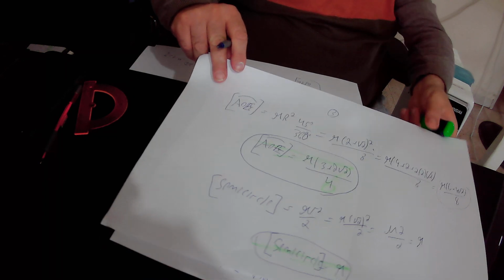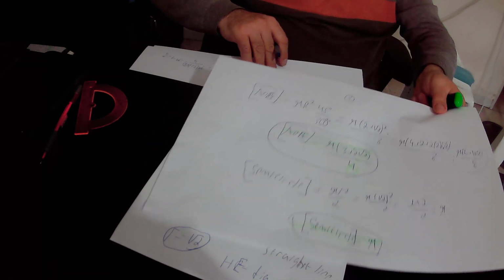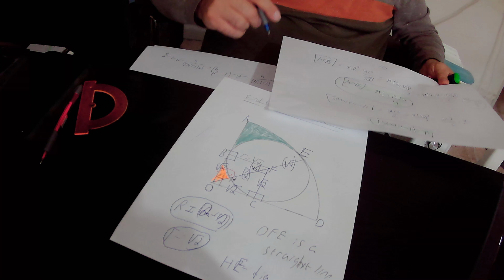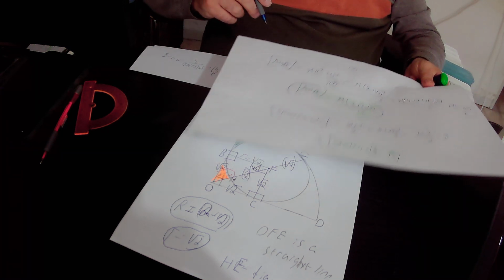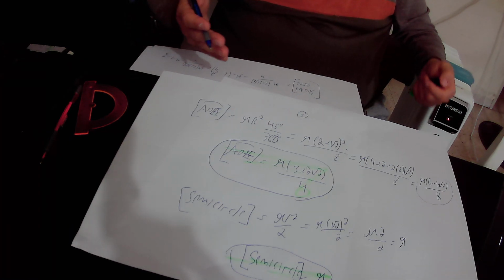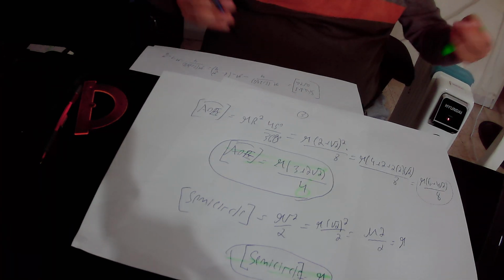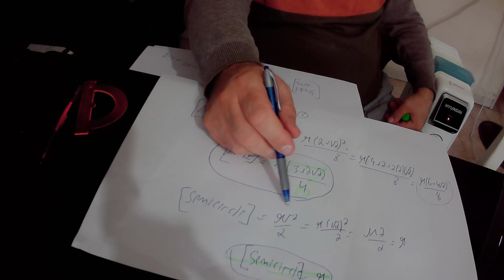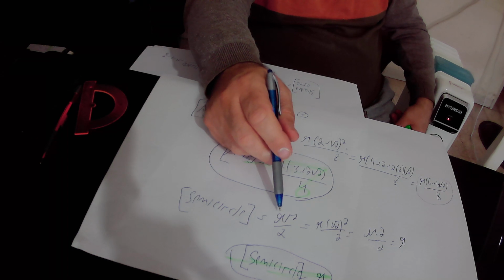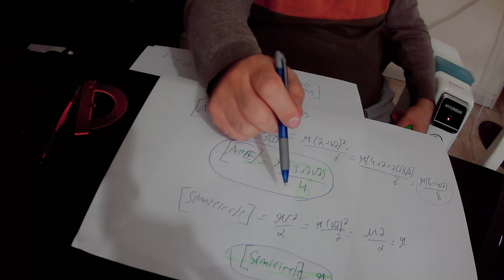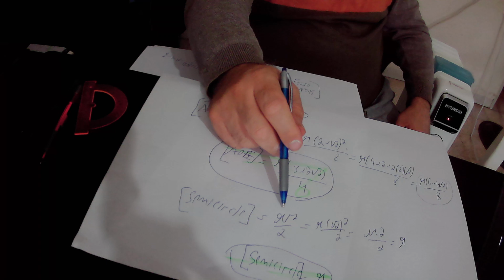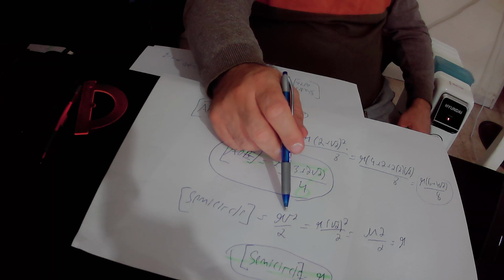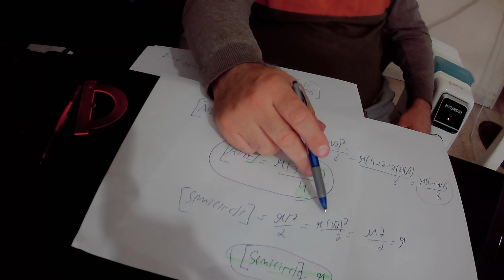In the next step, we have to find the area of the semicircle. The area of any semicircle is the area of the circle over 2. The area of the circle is pi r squared. If we divide the area of the circle by 2, we get the area of the semicircle. The radius of the small circle equals square root of 2, therefore r squared is square root of 2 squared.